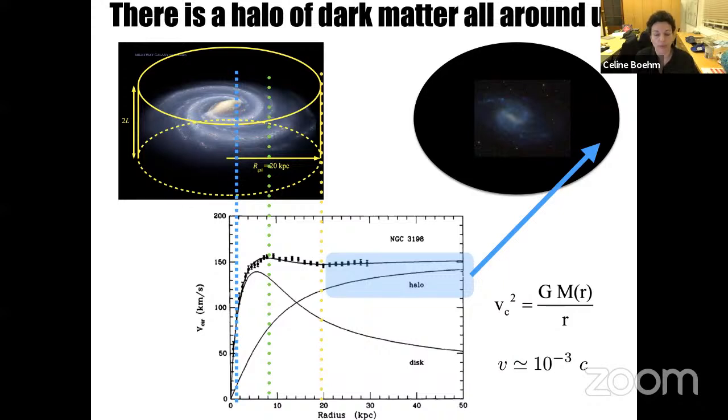In principle, if there is absolutely no anomaly, you measure the intensity of the light and you can deduce how much baryonic matter you need to explain this intensity. Then with the gravitational potential, you can measure the mass contained in the area you're looking at, which is the visible galaxy. So if there is nothing else, there should be a strong correlation between the gravitational mass that you measure and the light that is emitted.